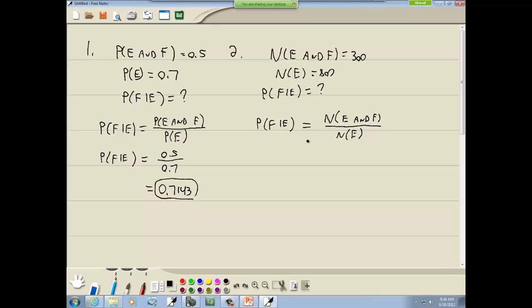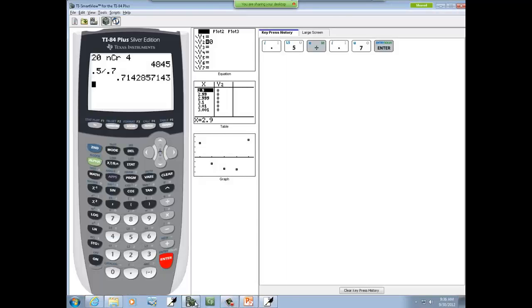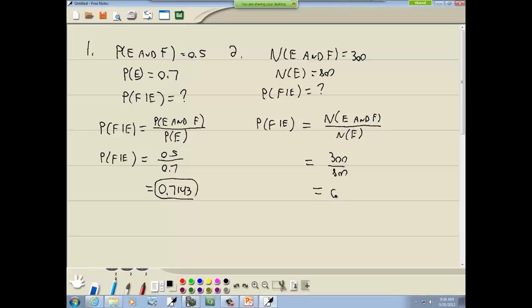So you can match either one together. So we're going to have 300 over 800, which gives us 0.375. And that's our answer.